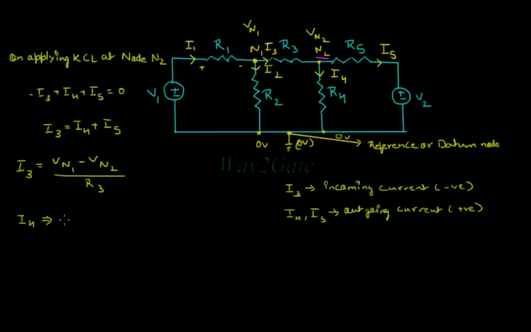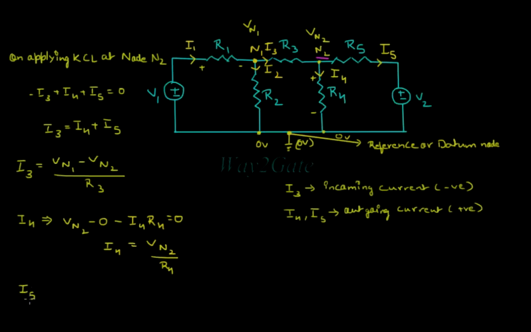Therefore, Vn2 minus 0 minus I4 R4, that is due to the voltage drop across the resistance, is equal to 0. Therefore, I4 is equal to Vn2 by R4.